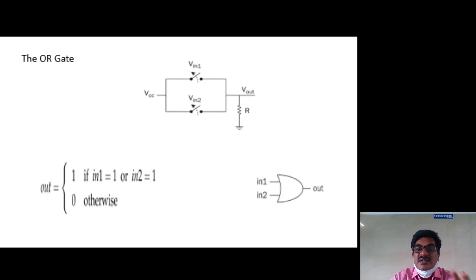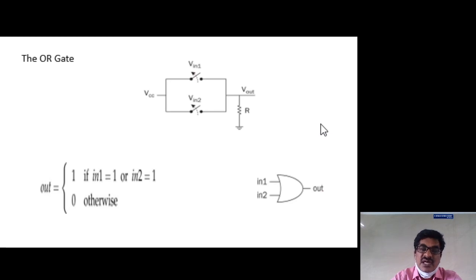Suppose one input is 0 and the other input is 1. Since they are connected in parallel, if one switch is closed, there is a current flow from one end to the other, so the output Vout is equal to VCC.